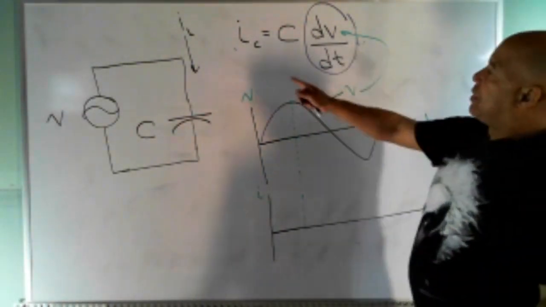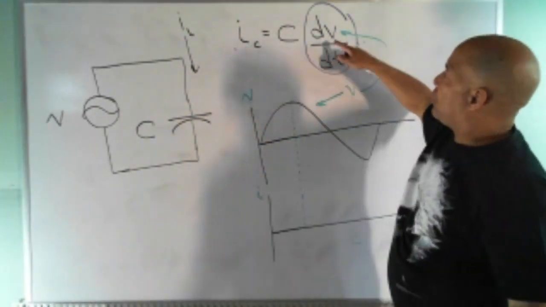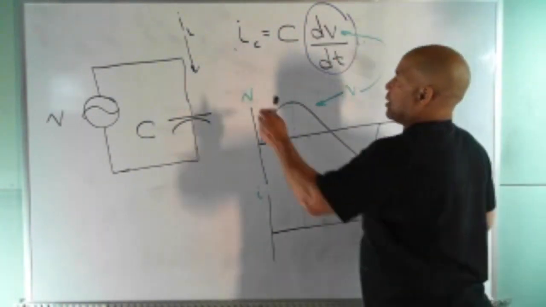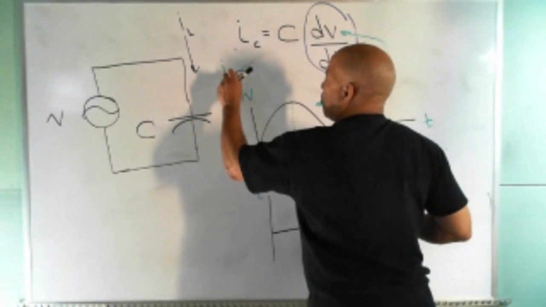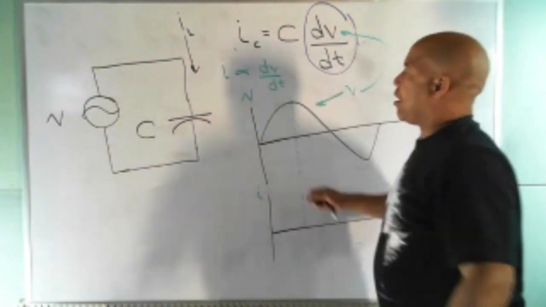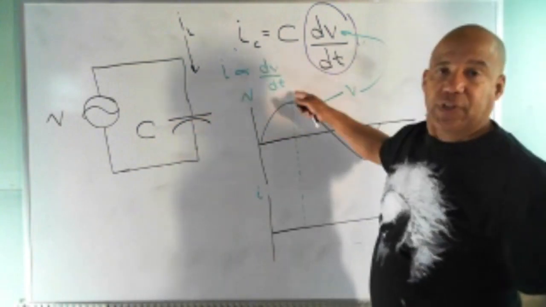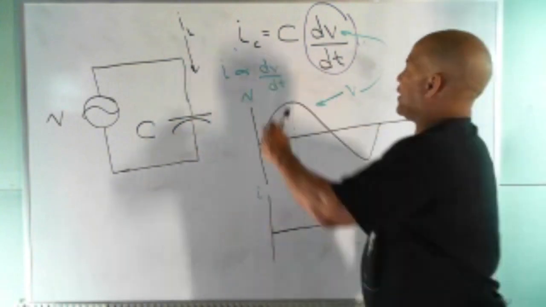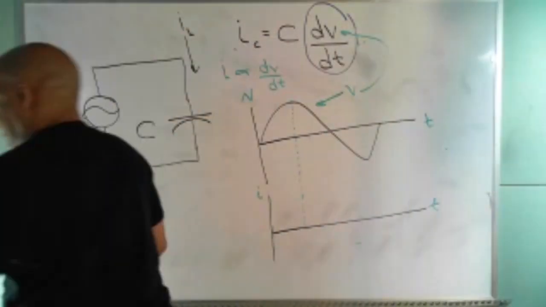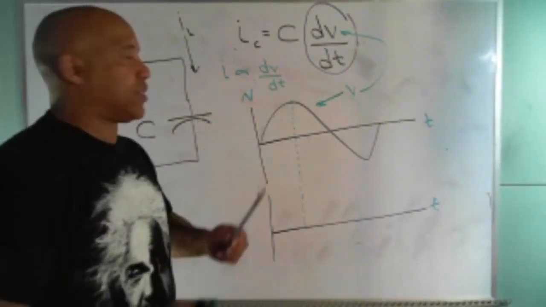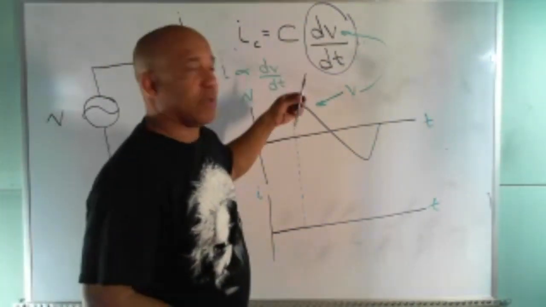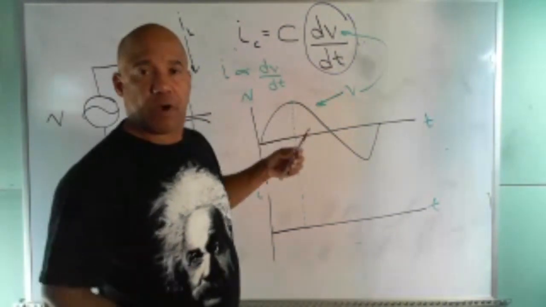Now, the current is proportional not to V, but to dV dt. The current is proportional to how fast the voltage is changing with time. And this thing right here, dV dt, is a derivative, which means I got to use my tangent line to see when this part right here is big, when it's small, when it's positive, when it's negative, when it's zero.